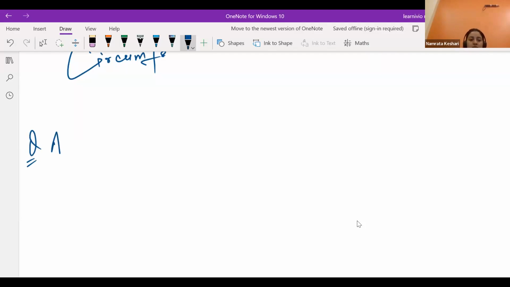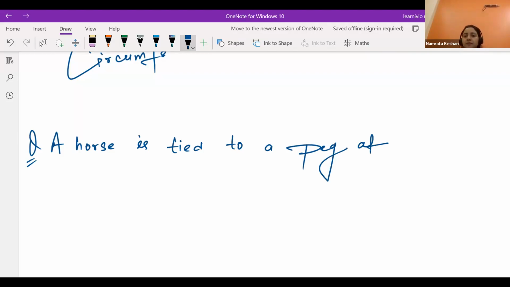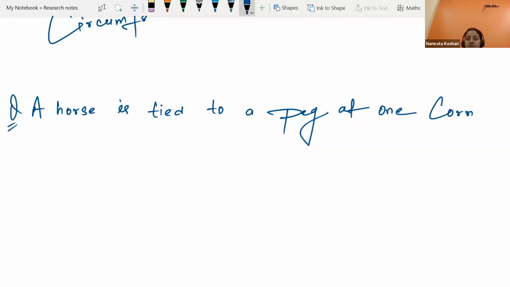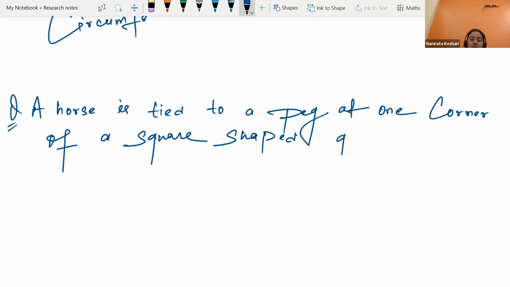A horse is tied to a peg at one corner of a square-shaped grass field.